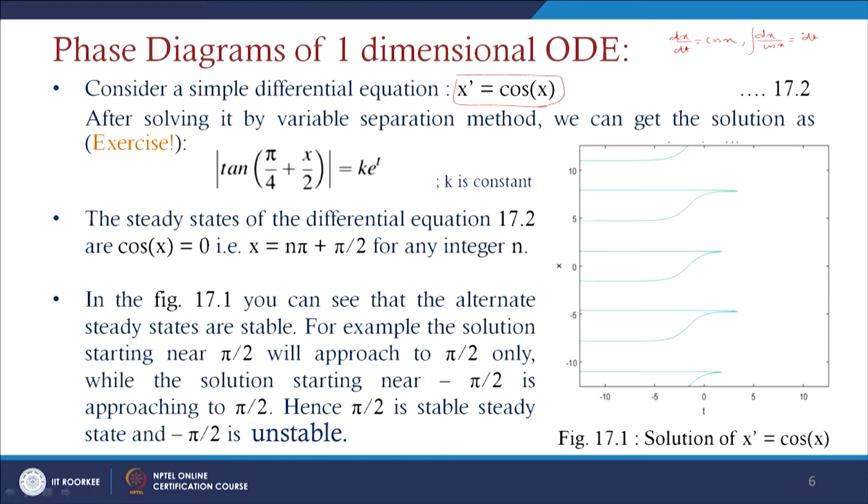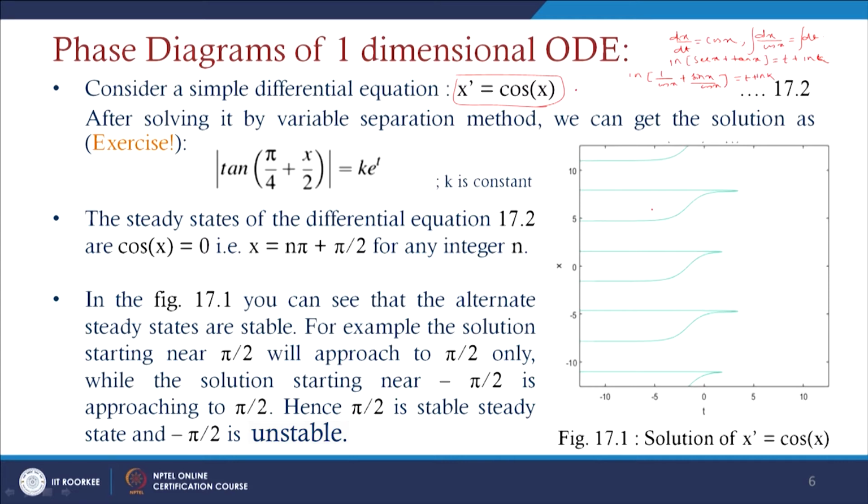If you integrate both sides, we can write ln(sec x + tan x) = t + ln c, or ln k. Trying to find the solution for the system, ln of it can be written as 1/cos x + sin x/cos x, which equals t + ln k.